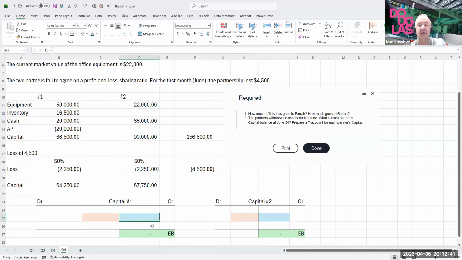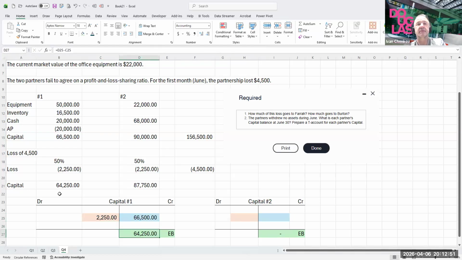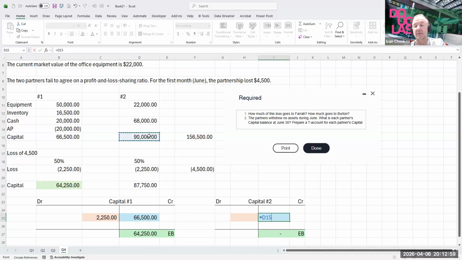So what happened here? He invested 66,500. We debit his capital account with the negative amount, and his capital is 64,250, which is exactly here. And the same thing we're going to have with number two. He invested 90,000.